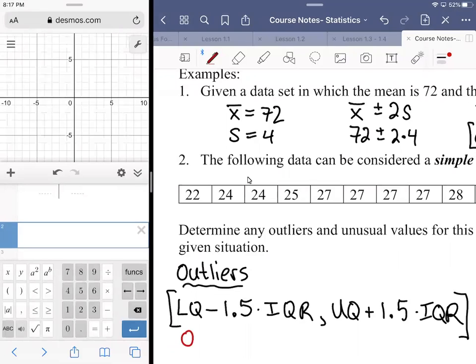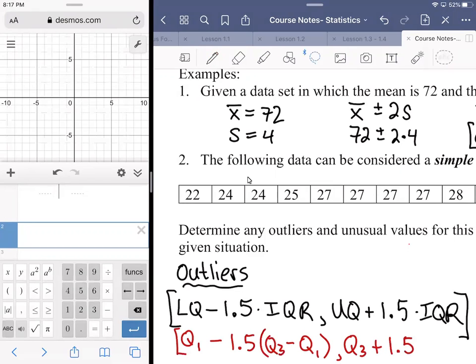So sometimes you see Q1 minus 1.5 times the product of Q3 minus Q1, and then Q3 plus 1.5 times that same quantity.